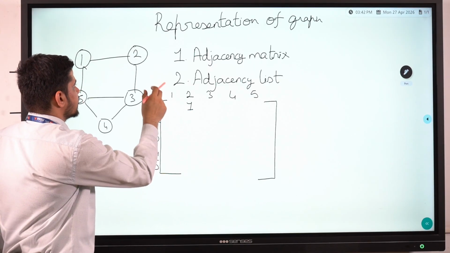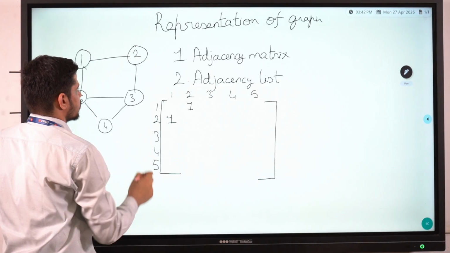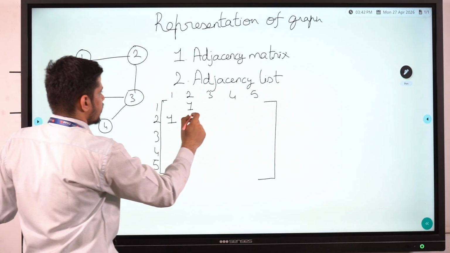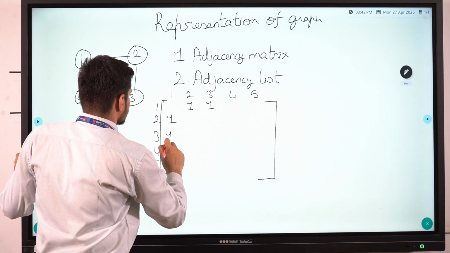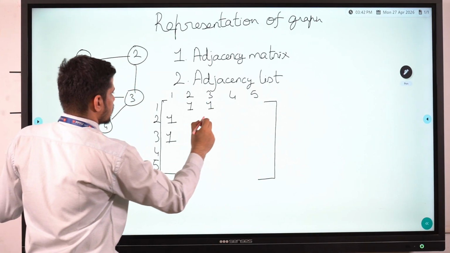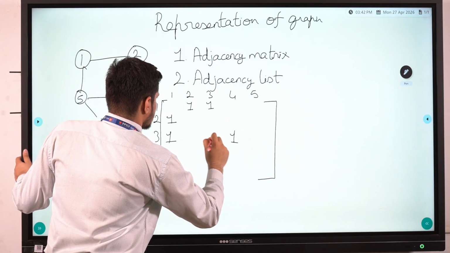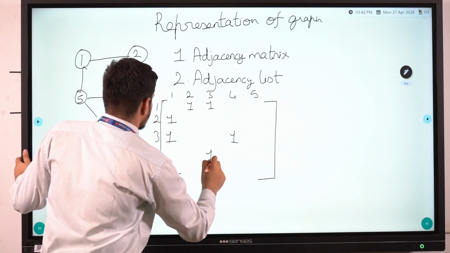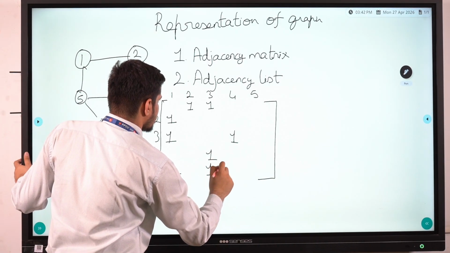and 2. Similarly there is an edge between 2 and 1, so I will put 2, 1. Then 2 and 3, so I will put an edge here, 2, 3 and 3, 2. Then 3, 4 and 4, 3 like this. Then 3, 5, so I will put 3, 5 and 5, 3.